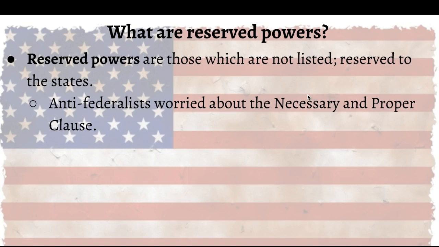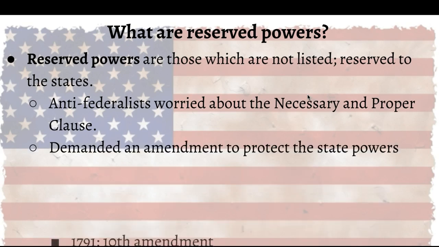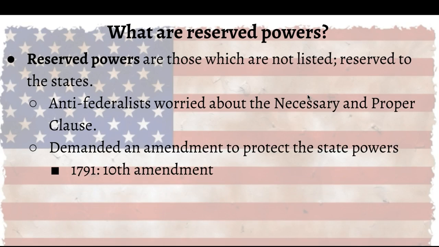And so they demanded an amendment to protect state powers. This is given in the 10th Amendment in 1791. The 10th Amendment says the powers not delegated to the United States by the Constitution, nor prohibited by it to the states, are reserved to the states respectively or to the people.